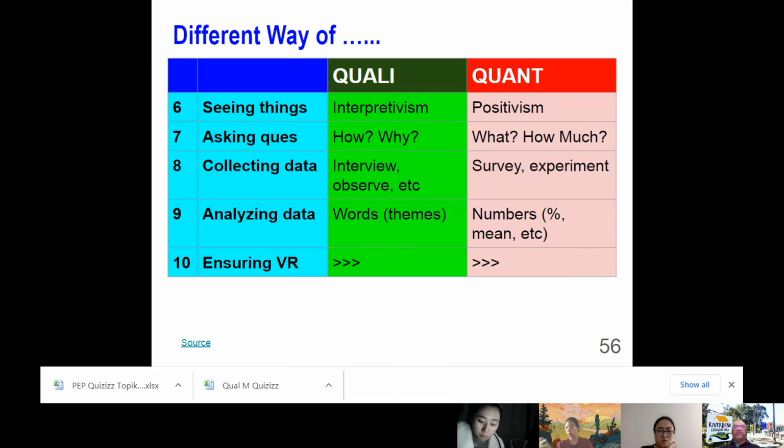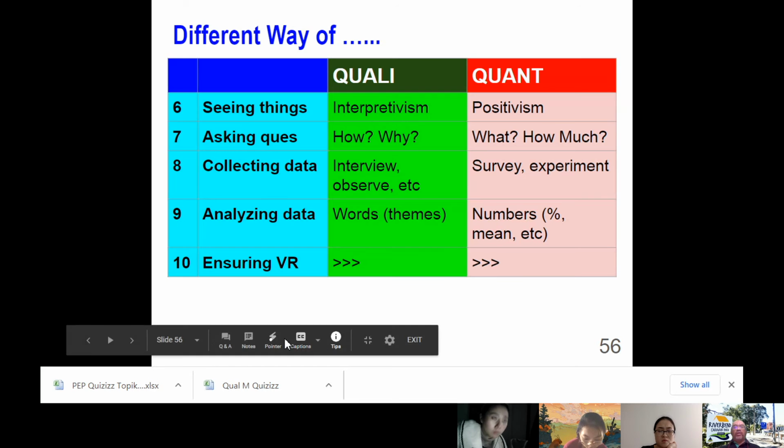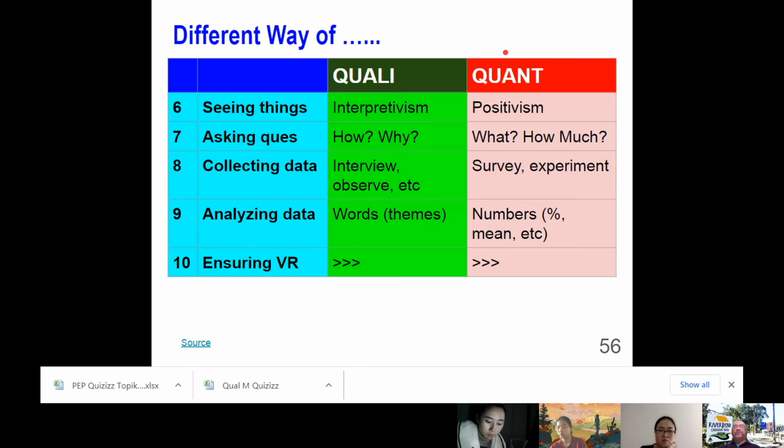The first one is the differences in terms of the philosophy. What is the perspective of the qualitative and what is the quantitative? I have briefed you before that in qualitative, the philosophy is interpretivism. In quantitative it is positivism. Let me explain after this.